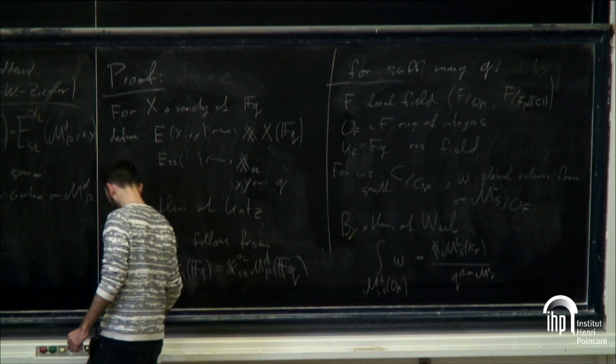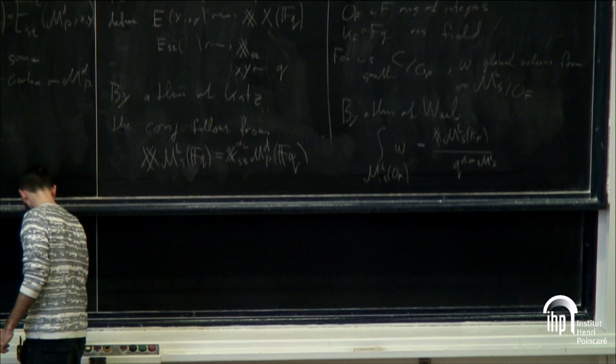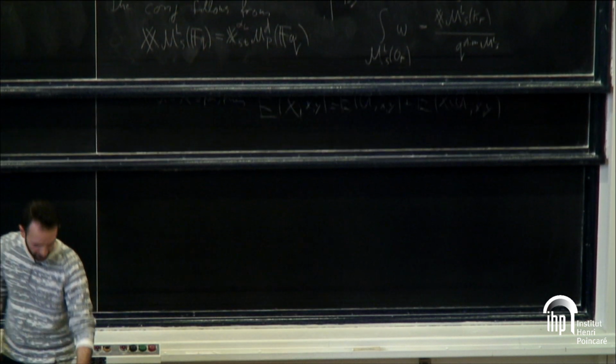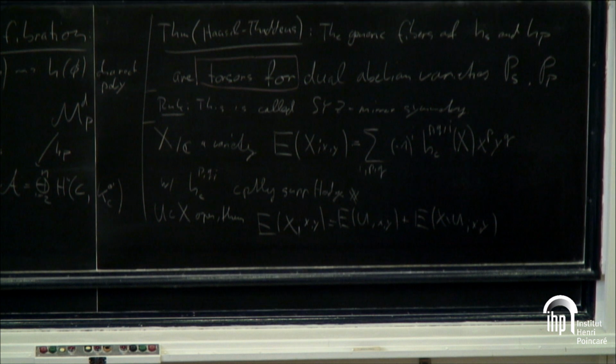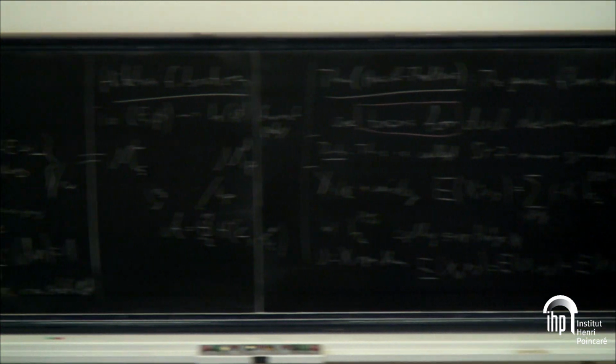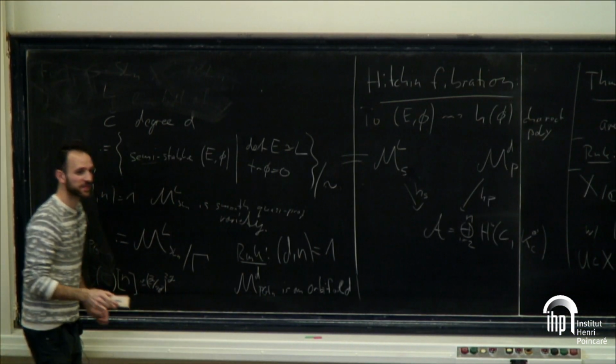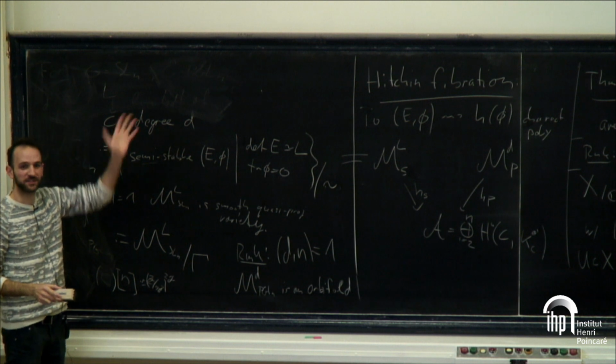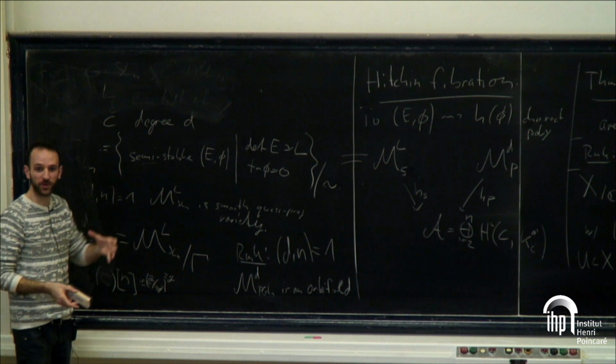So this is not just true for moduli spaces of Higgs bundles. It's true for anything that's smooth over O of f.